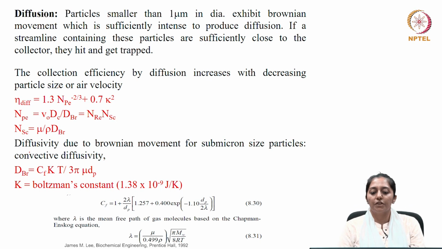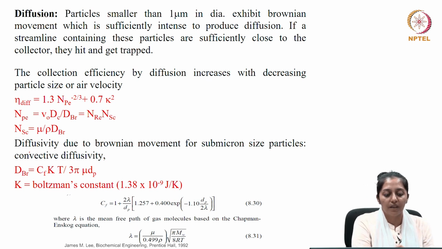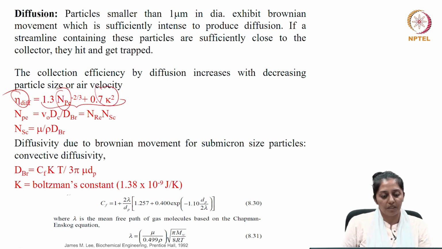So, the collection efficiency by diffusion will increase with decrease in particle size or the air velocity, the bulk flow. Here the efficiency due to diffusion has been found to be a function of the Peclet number and the interception parameter. The Peclet number in turn is a function of the Reynolds number and the Schmidt's number.